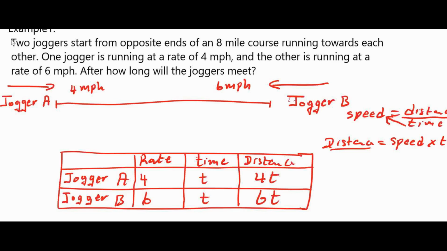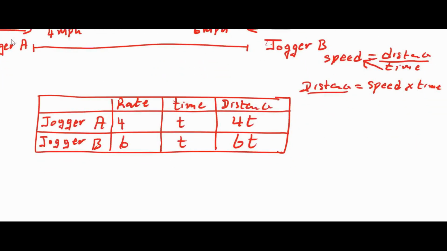Now the question says they are covering a distance of 8 miles. So that means 4t plus 6t is equals to 8. And this will be 10t is equals to 8.